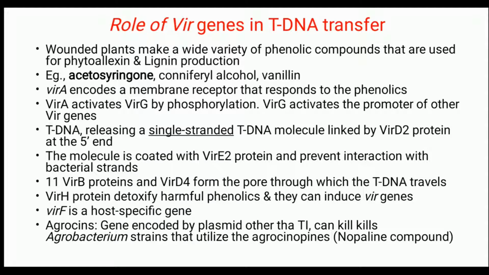The T-DNA travels from the Agrobacterium to the plants, and the VirH protein detoxifies harmful phenolic substances that can induce the Vir genes, and VirF is host specific, and another chemical is called agrocinopines. The agrocins are encoded by plasmids other than the Ti plasmid.